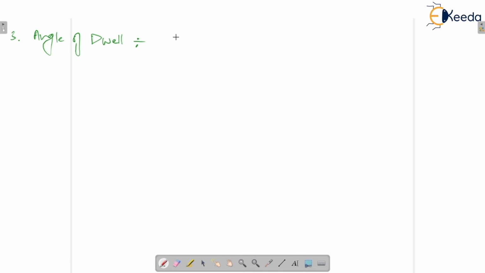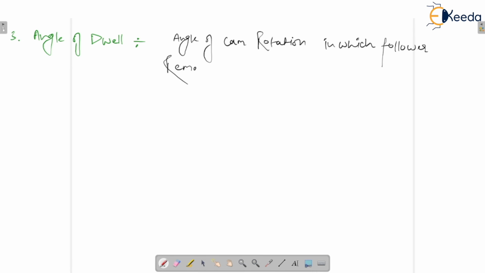This is the angle of cam rotation in which the follower remains stationary. Is it clear to everyone? So when the follower remains stationary, the angle covered by the cam is known as the angle of dwell.